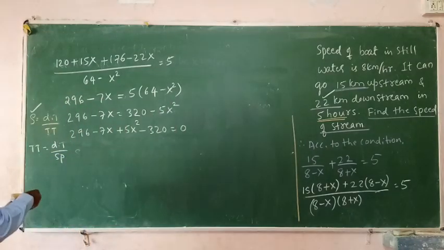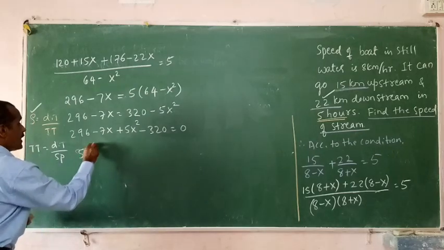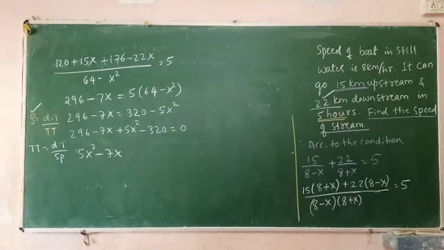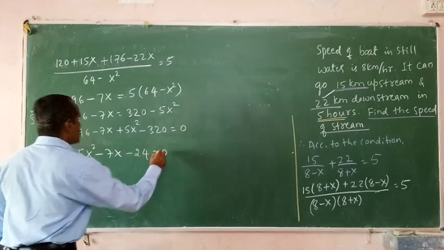Come on. First term 5x square minus 7x, and 296 minus 320 is minus 24. Minus 24 is equal to 0.